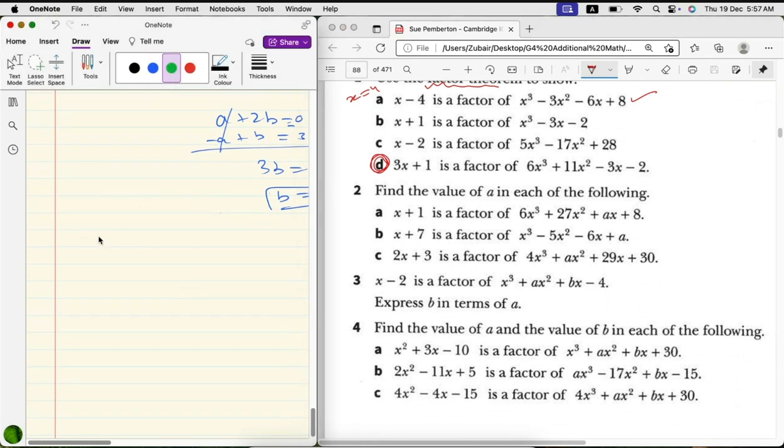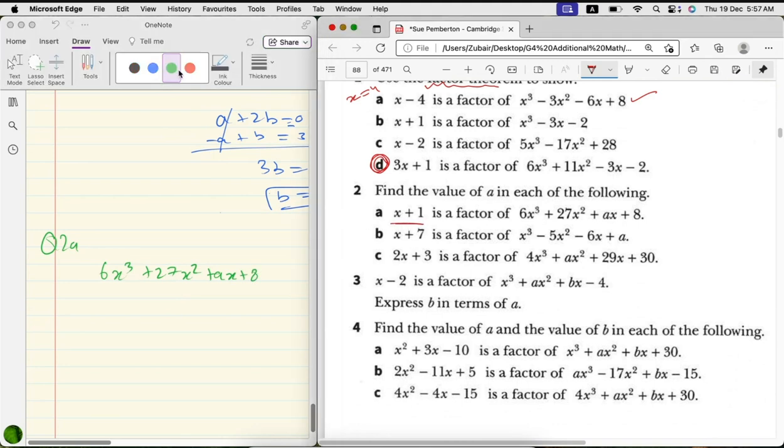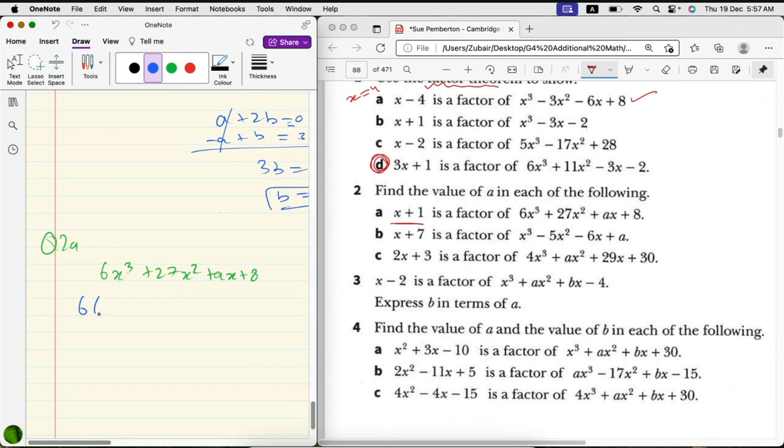So when I'm looking at question 2a, this is 6x cube plus 27x square plus ax plus 8, and it says that x plus 1 is a factor, so value of x must be minus 1. 6 into minus 1 cube plus 27 into minus 1 square plus a into minus 1 plus 8.